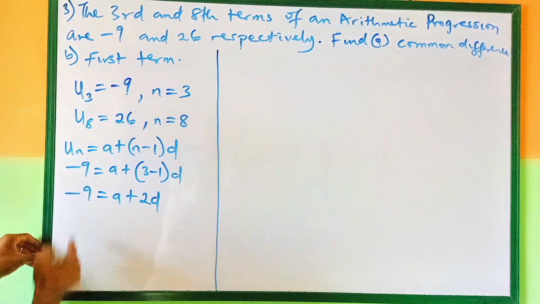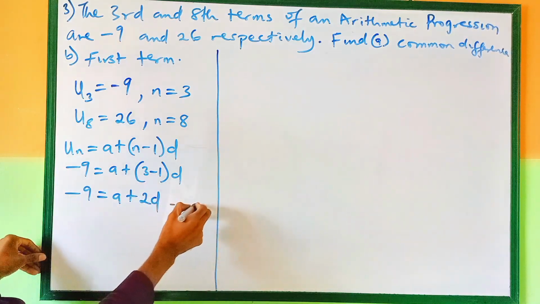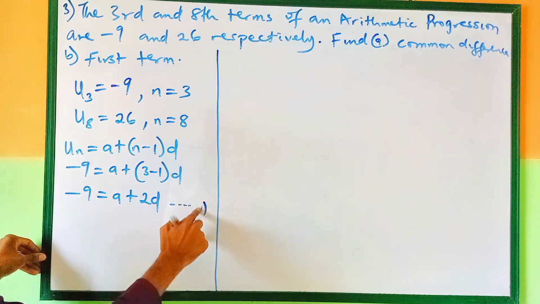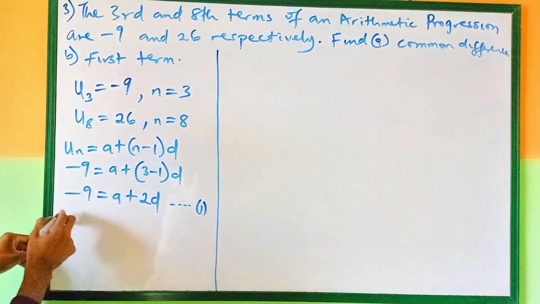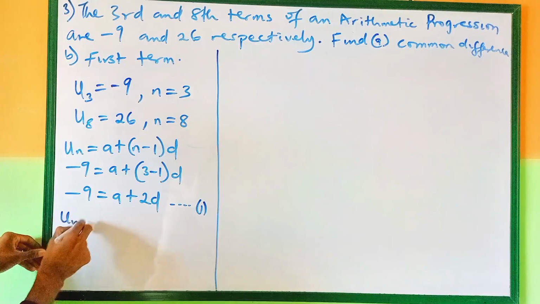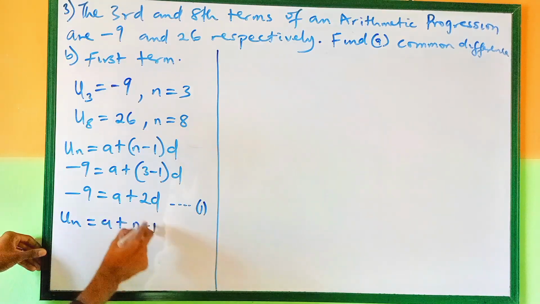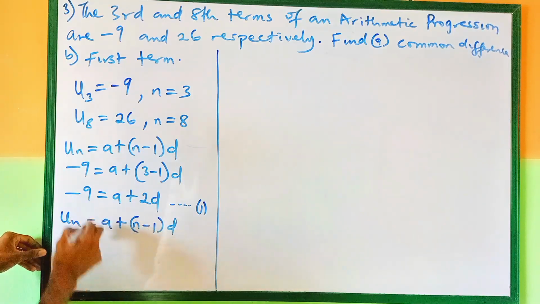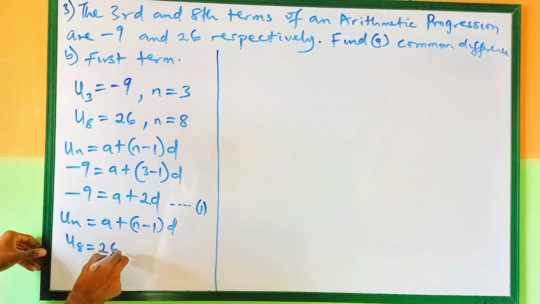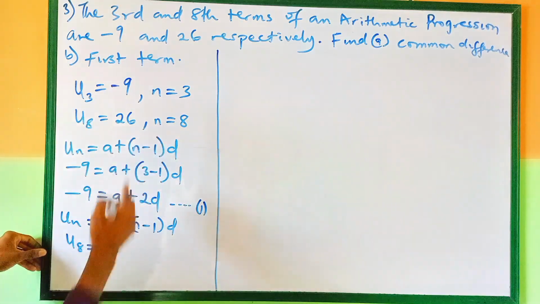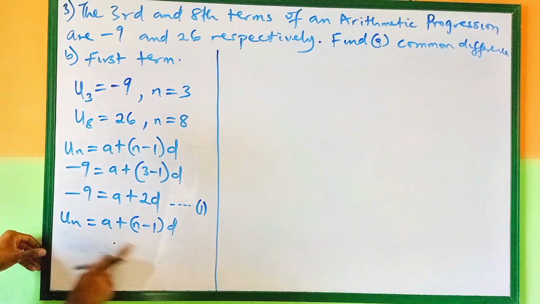That's the first one, so this can be labeled equation 1. And then for the second value, you have UN equals A plus (N minus 1) times D, and U8 is 26, N is 8. So let's just slot in the values.